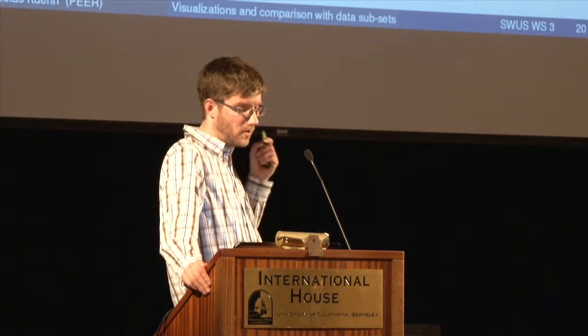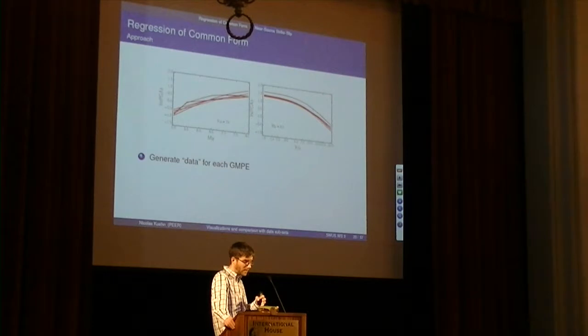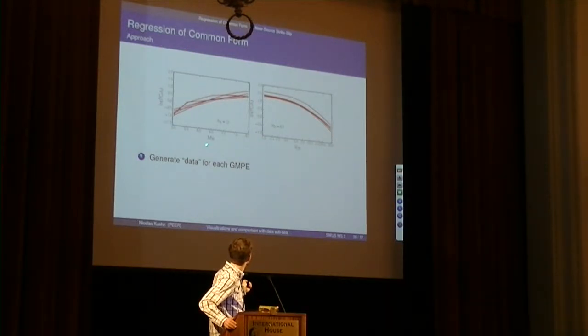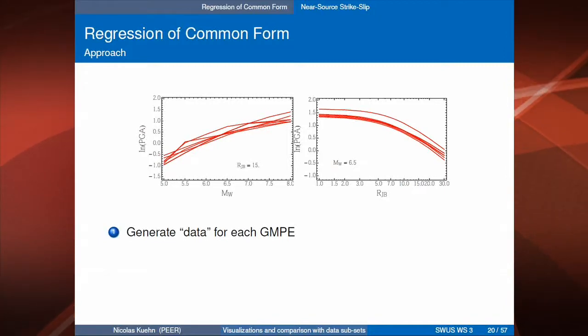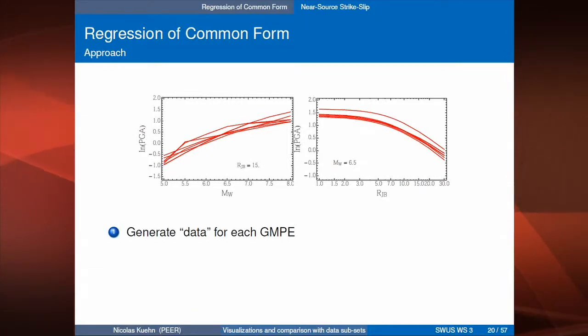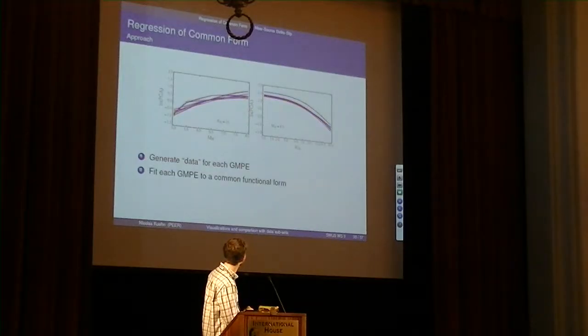Okay, so this is now, again, everything in 1 or 2 plots. What we're doing is, at first, we're generating for the 7 GMPEs data at particular magnitude, distance, and frequency values. And then we're fitting each of those to a new functional form.